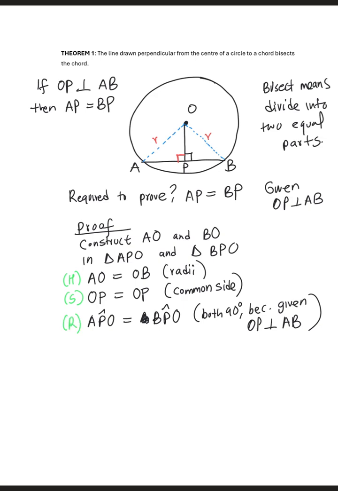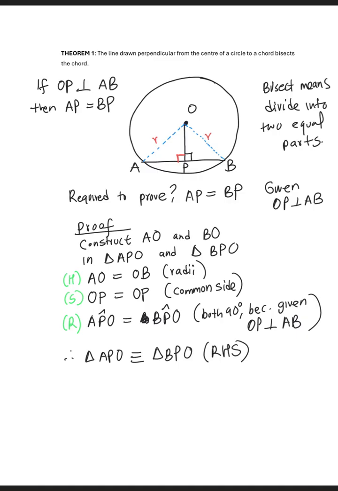And then once we have this, we can make a conclusion and say therefore triangle APO is congruent to triangle BPO, and the reason will be RHS, which stands for right angle hypotenuse side.